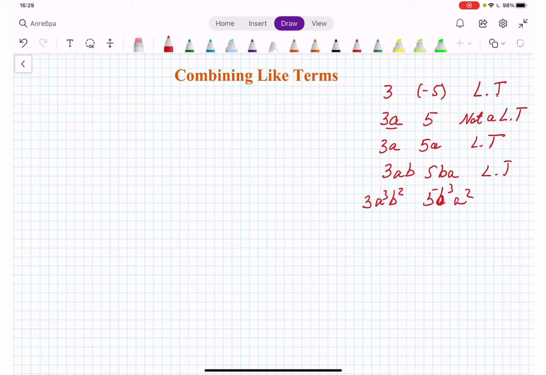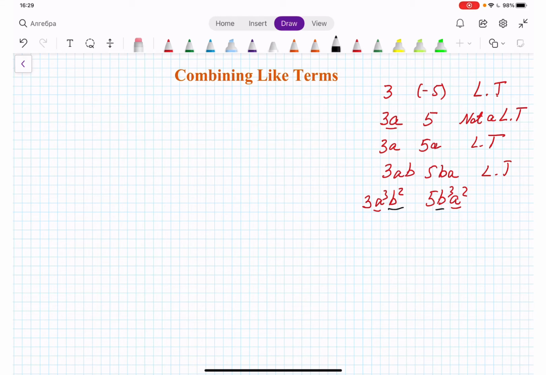Let me rewrite this, 5b cubed a squared. They are not like terms because here we have a cubed, here we have a squared. Here we have b squared, here we have b cubed.